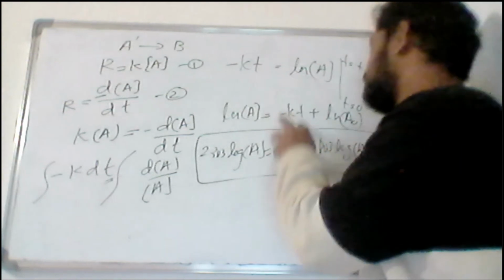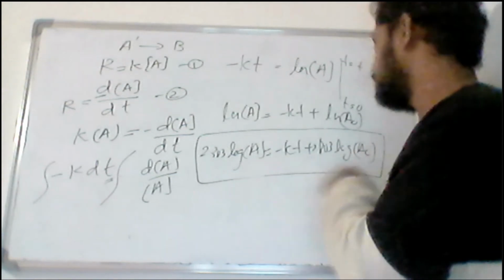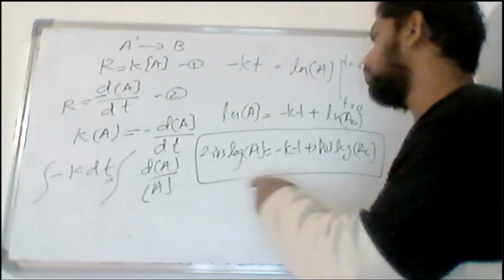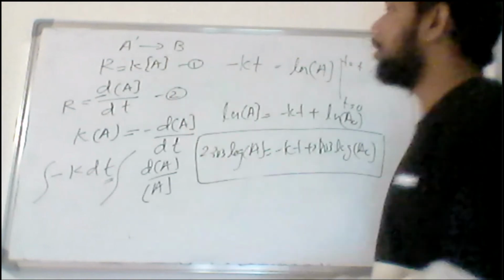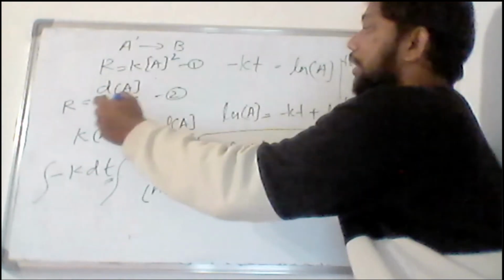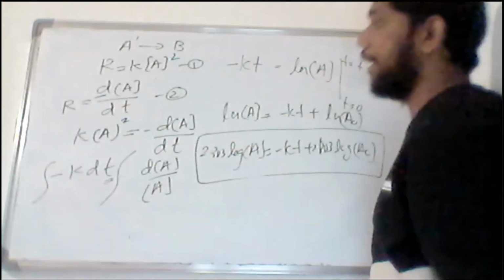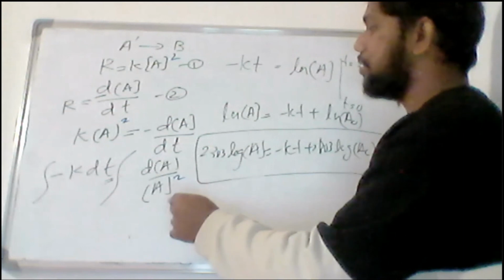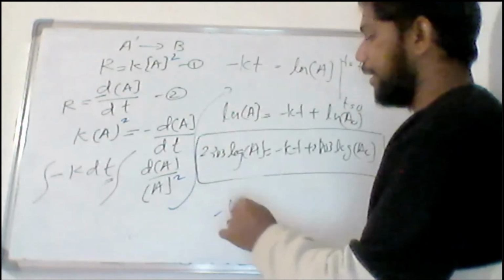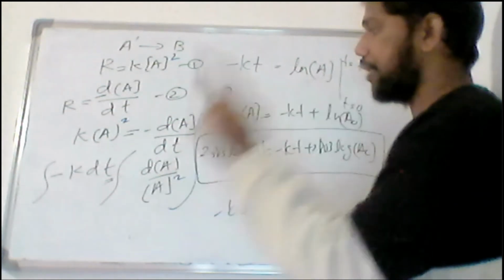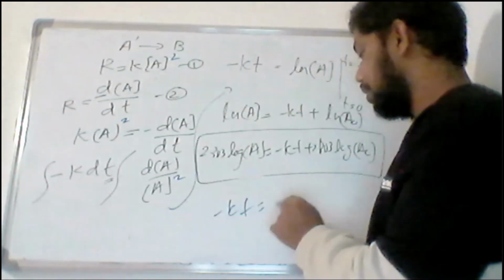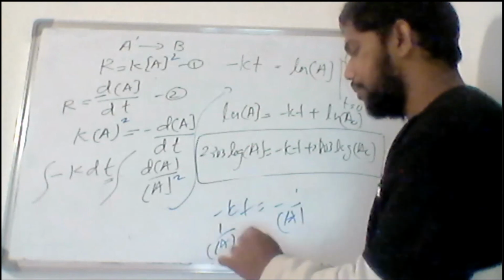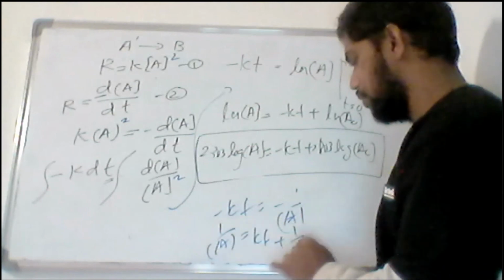For the first order, when you put A naught over 2 here and find t half, there is no dependence on concentration. But for second order, when you put A naught over 2, the integration of 1 over A squared gives minus 1 over A, so you get 1 over A equals 1 over A naught plus kt.